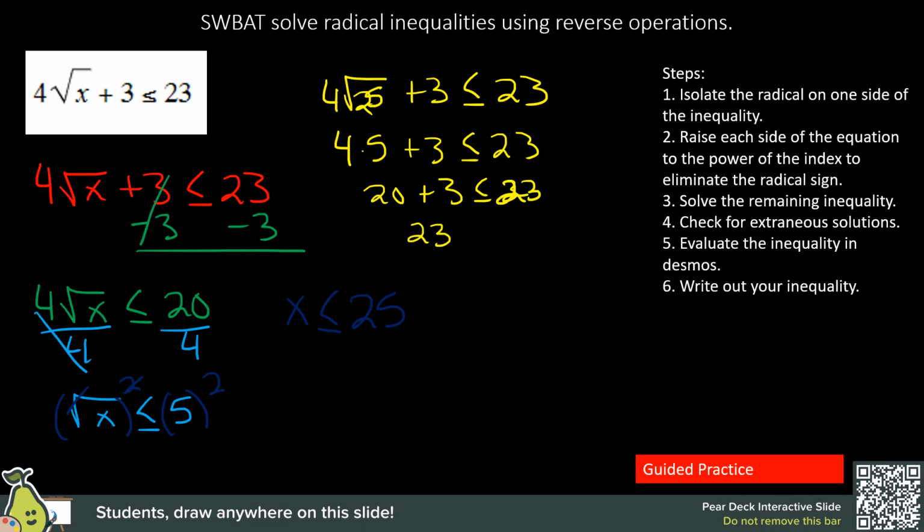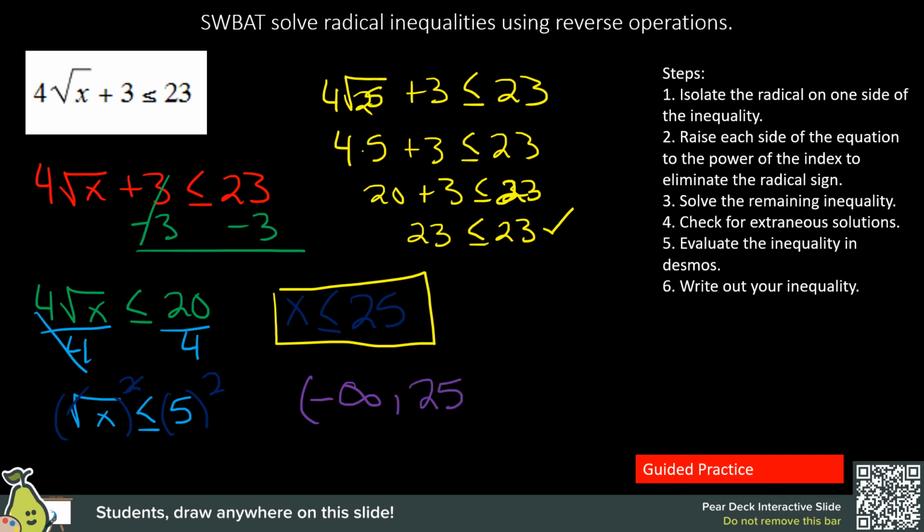And 23 is less than or equal to 23. So this is a true statement. So this value holds still. As far as our interval notation, we would be going from negative infinity, parentheses, all the way up to 25. It is inclusive, so we would use a bracket.